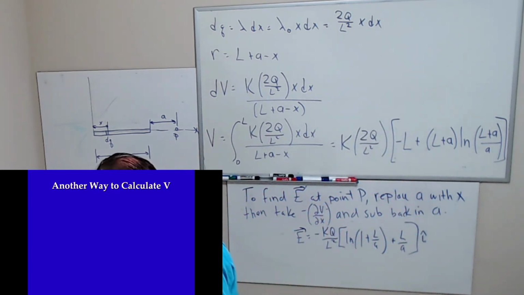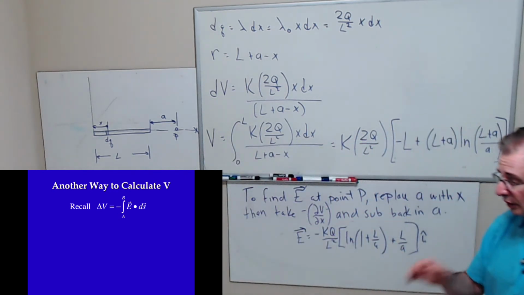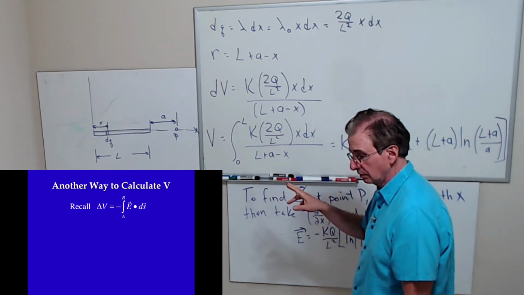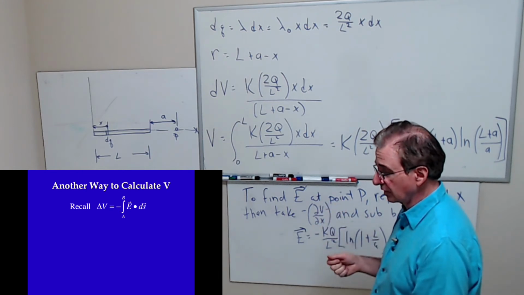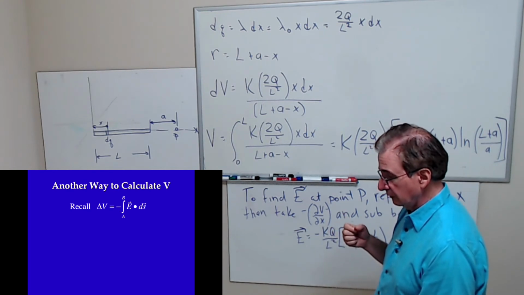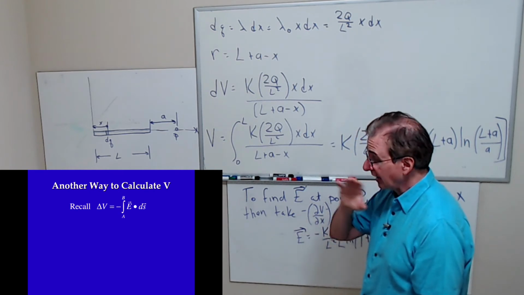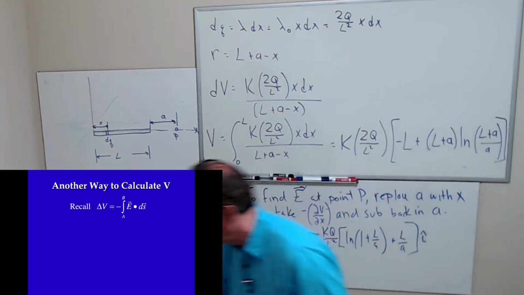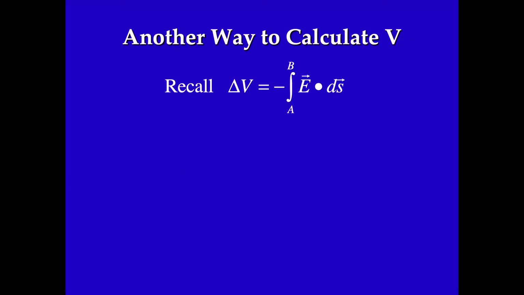I now want to show you another way to calculate the electric potential. And this is the way that works in every single case. In the previous two problems, I used the idea that the electric potential due to a point charge is K dq over R, because I assumed V was 0 at infinity. That equation, K dq over R, basically came from the expression you see up on the screen now.